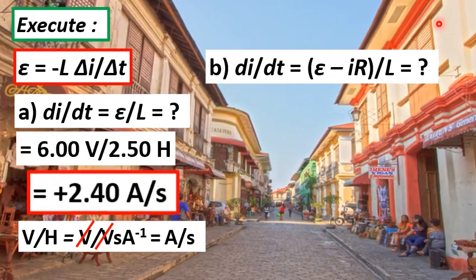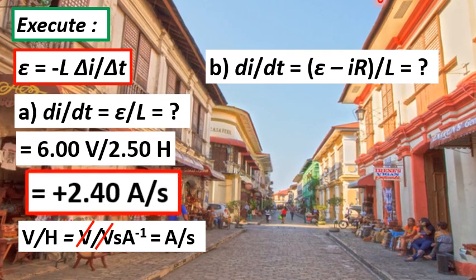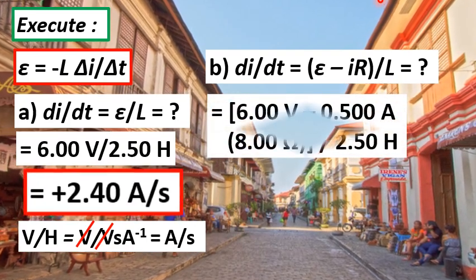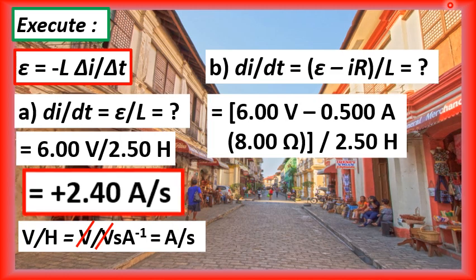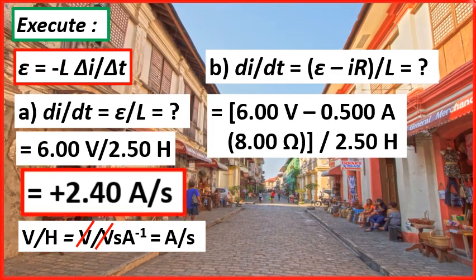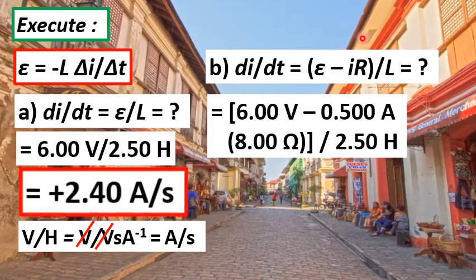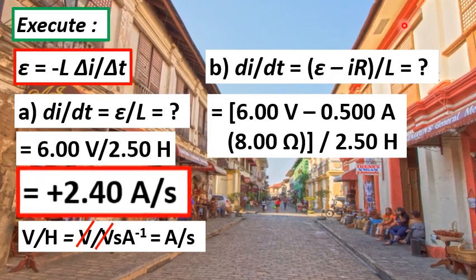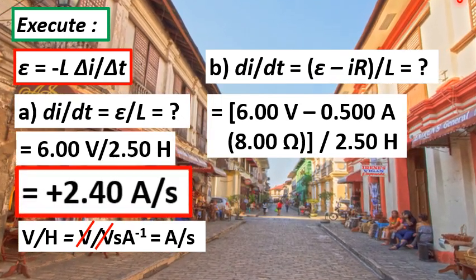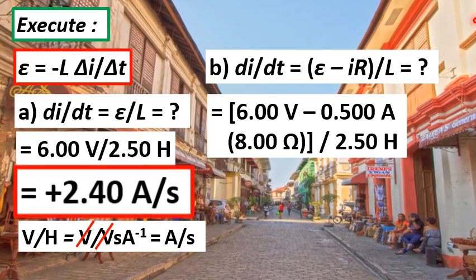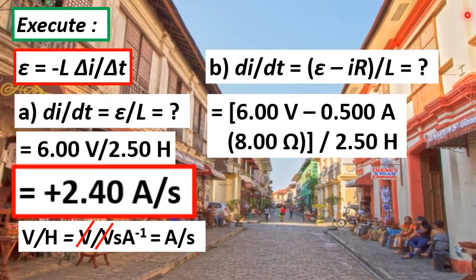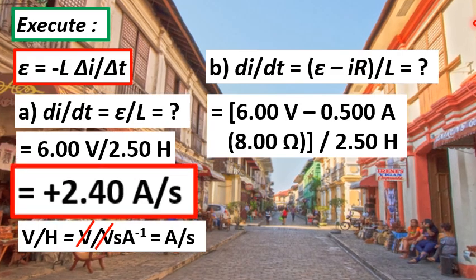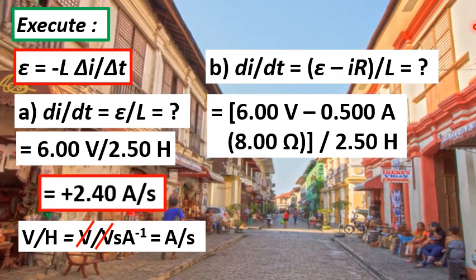So substituting the given values into this formula, we get quantity 6.00 volts minus 0.500 amperes times 8.00 ohms. The values inside the bracket are to be divided by the amount of the inductance, capital L, which is 2.50 Henry.